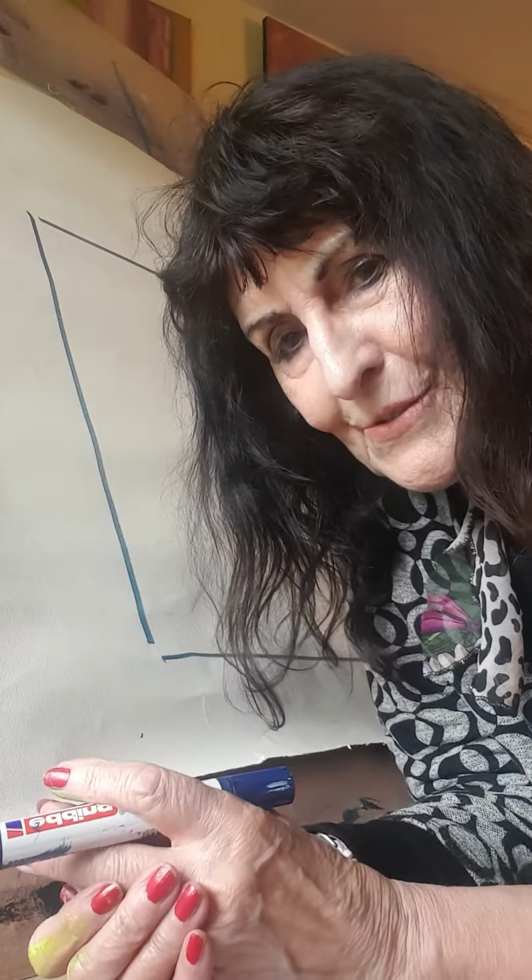What the Cubists tried to do, if they were drawing an object, was to get every part of that object or that person, depending on what they were drawing, into the one picture.